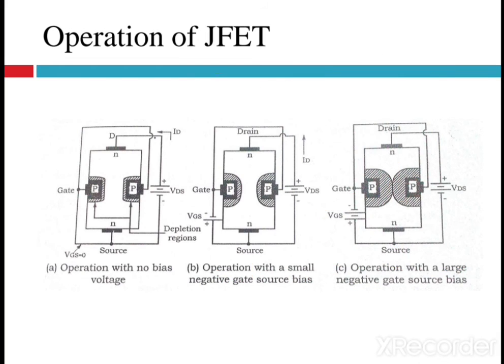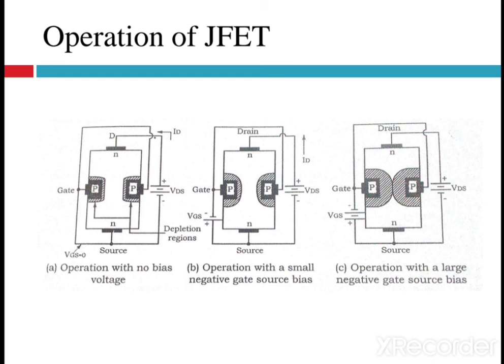So it is the voltage at which the drain current becomes 0, and the value of pinch off voltage VP is negative for an N channel JFET. Generally it depends on the doping of the N and P regions of the device and the width of the original channel structure.